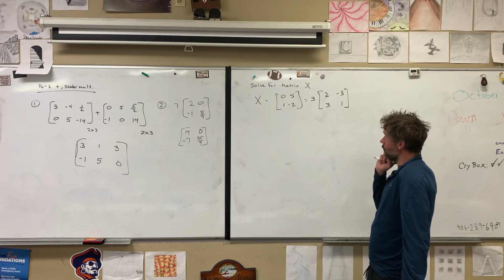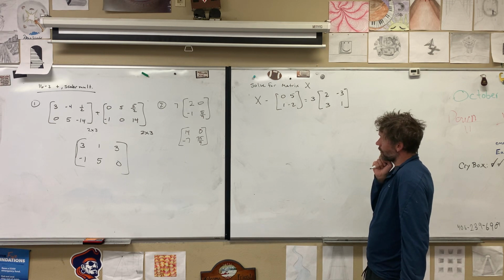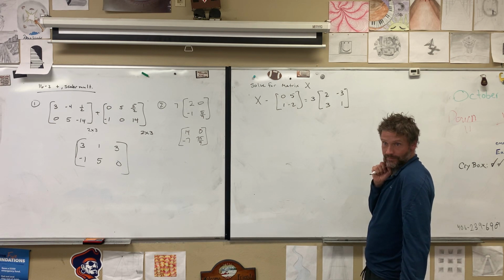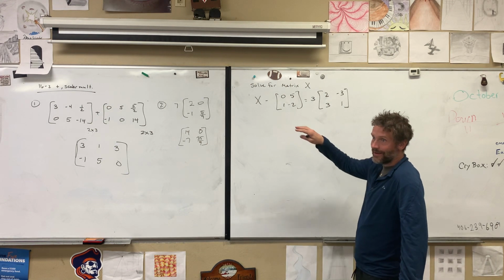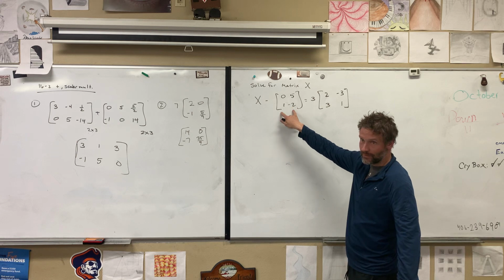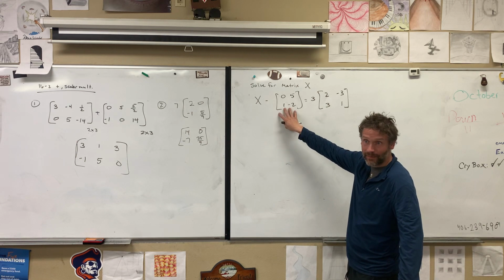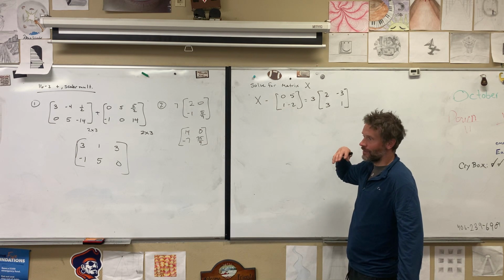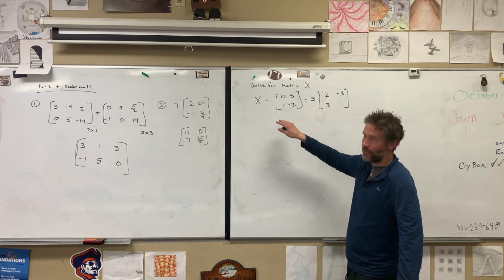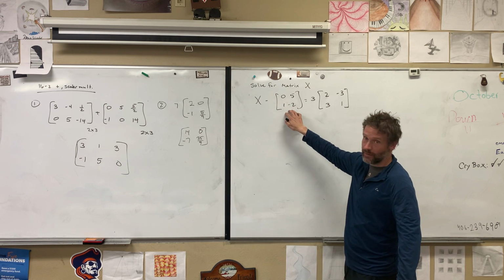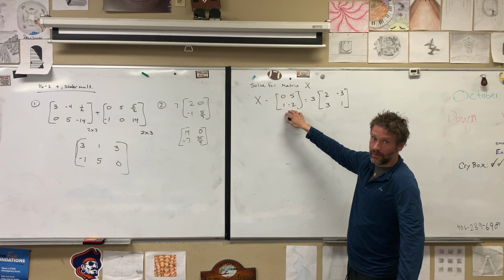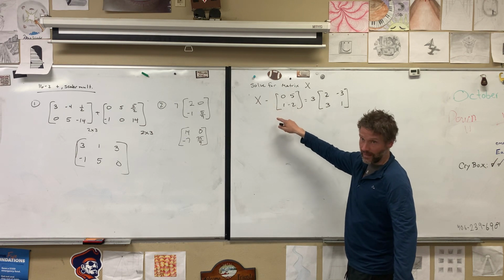What you want to do is look at matrix X, and if you want to solve for it, you figure out what's attached to it. You have a minus a matrix. Just like you would solve any other problem for the variable, how would I get rid of this matrix? Bring it to the other side. Would you add it? Yeah, sure. If it's being subtracted, you just add it to the other side.